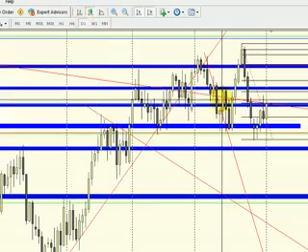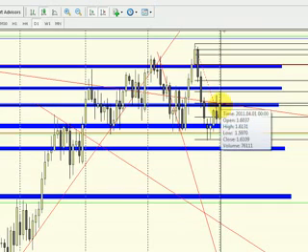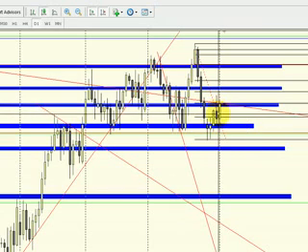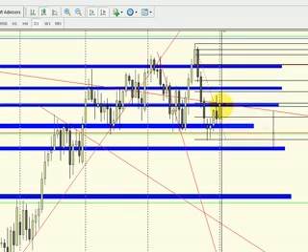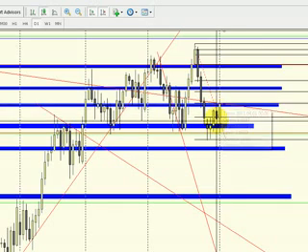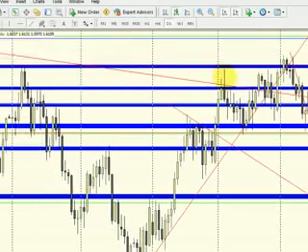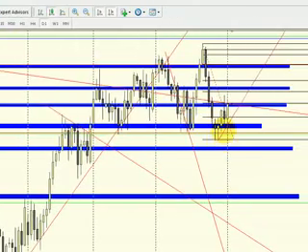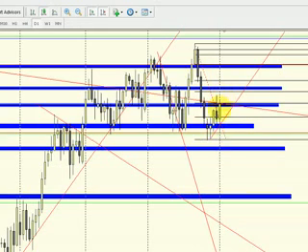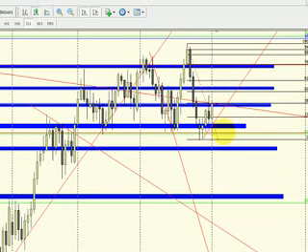If we go back to the daily, because we've closed on this support and resistance and also the round number of around 1.6100, I suspect that although we were in an upward trend last week, we might get a reaction and start coming back down again.